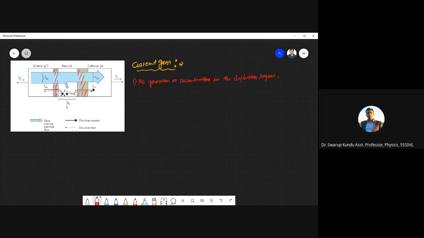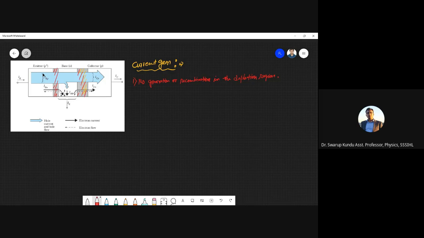So having said that, now let's see for these holes here in the emitter region what happens. Let's do it step by step. First, let's consider the movement of the emitter current.